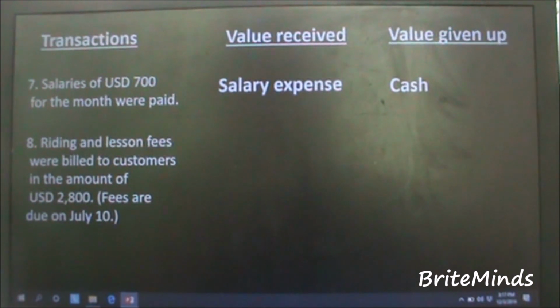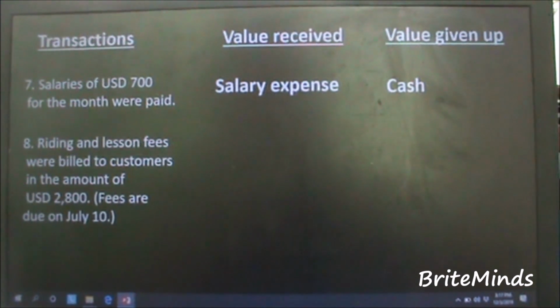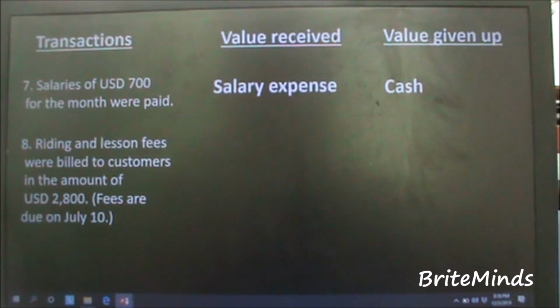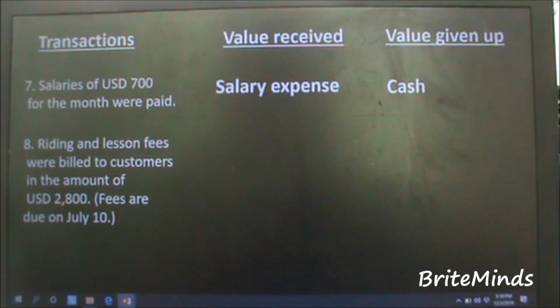And then the last transaction states that riding and lesson fees were billed to customers in the amount of 2,800 US dollars. Fees are due on July 10. So what is the value received? The transaction states that customers were billed and the payments are due on July 10. So it means the business entity has the right to collect a receivable.